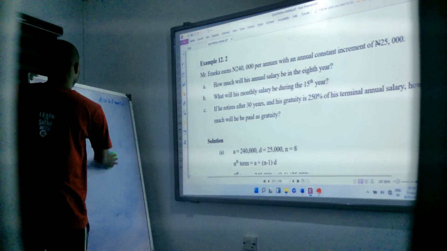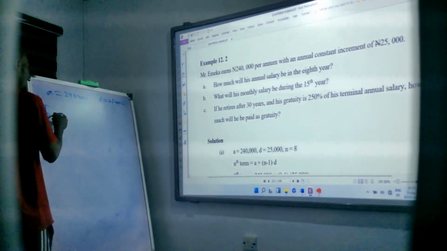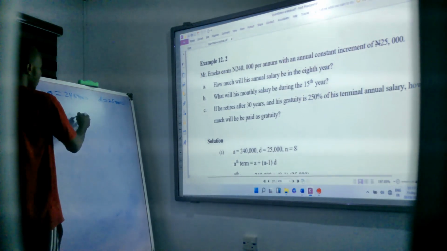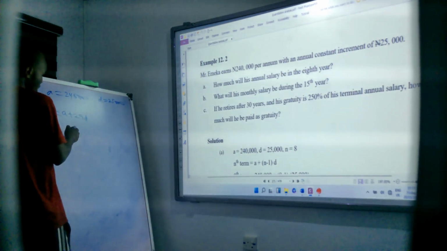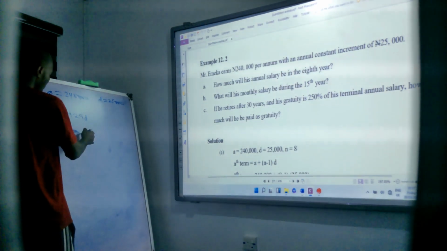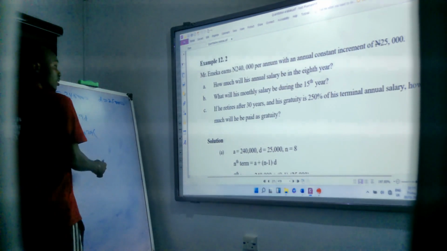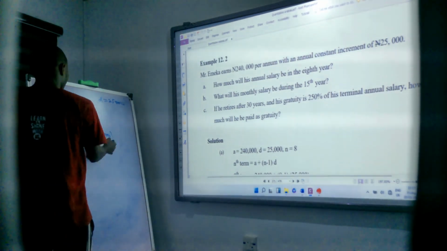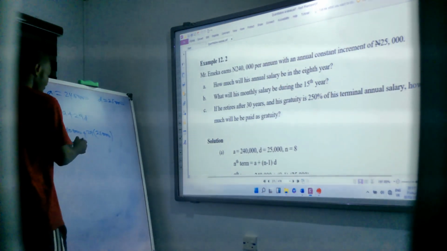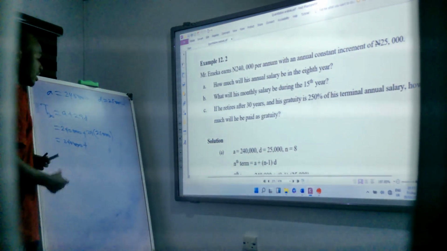So now you are looking for T30. What will be the T30? So T30 will be A plus 29D. So we have A is 240,000 plus 29 times, what is our D? D is actually 25,000.